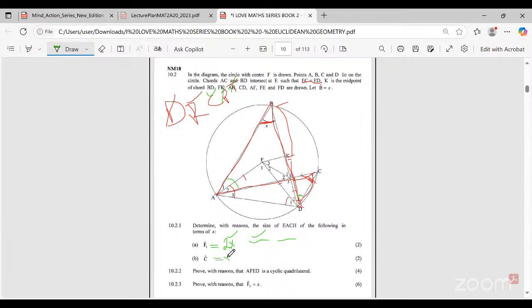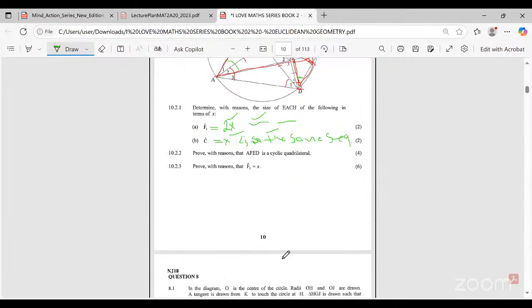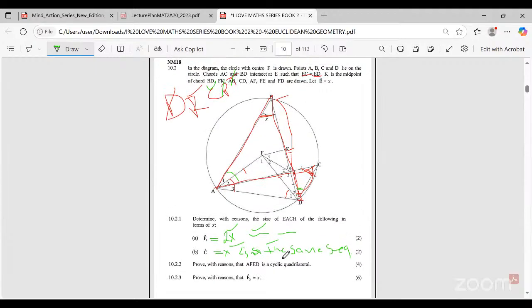Reason being angles in the same segment. Then I give you 2 marks for the statement and the reason. You already have 4 marks.